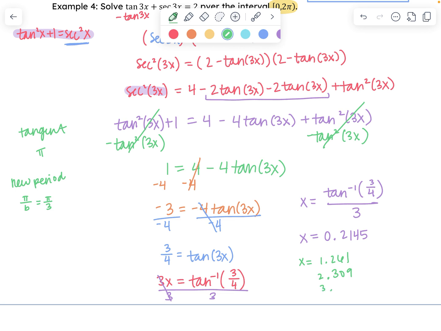Gives me 3.356. Probably still got something else. So add pi over 3 again. Gets me 4.403. Let's try adding one more time. That gets me 5.450.